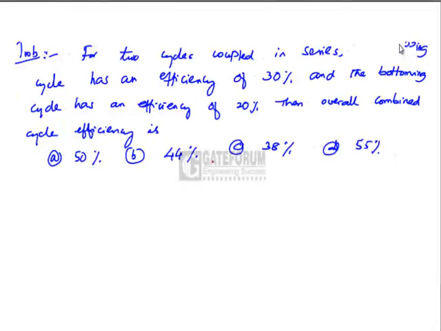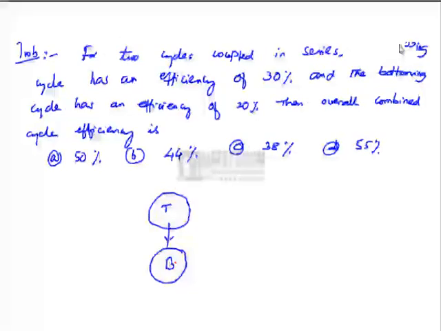Representing the problem in the pictorial form, we see that the topping cycle is represented as T. The heat rejected by the topping cycle is given to the bottoming cycle, which is represented by B. Both are heat engine cycles.